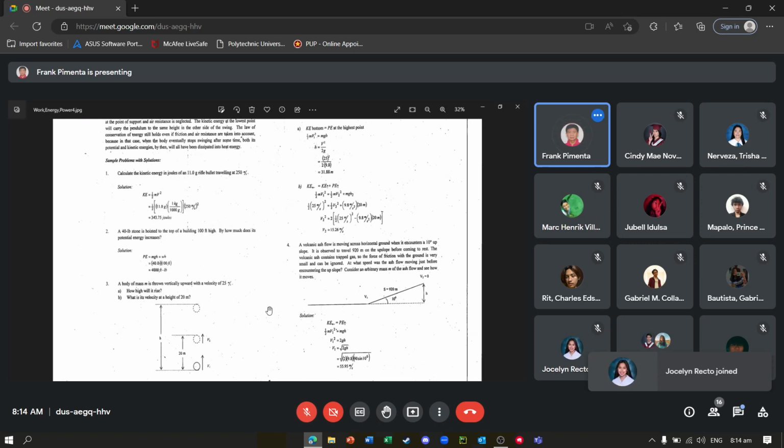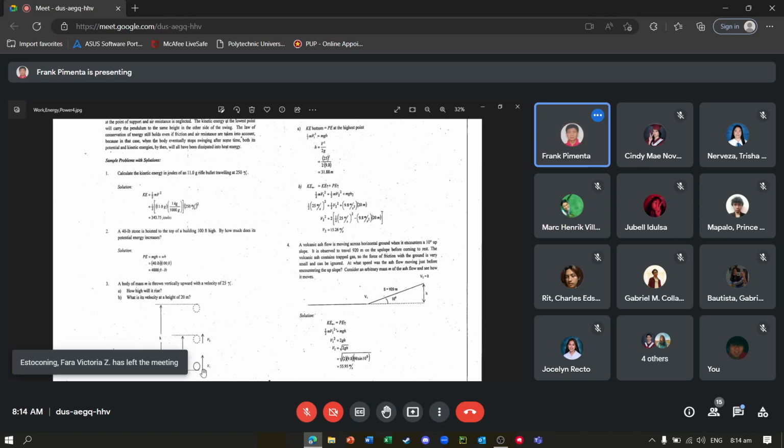Okay. So the figure is this. The initial velocity is v sub 1. It is 25 meters per second. Now, the body is at the ground, and it is given an initial velocity of 25 meters per second.